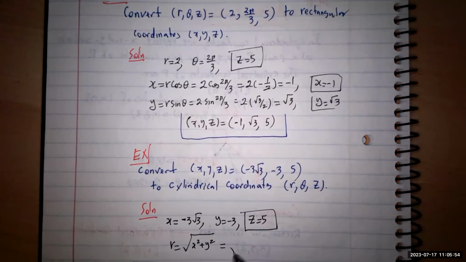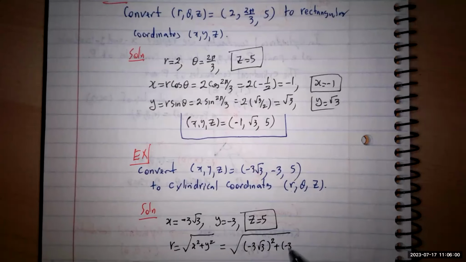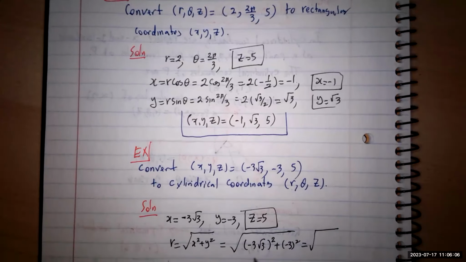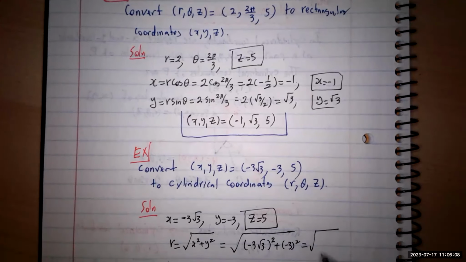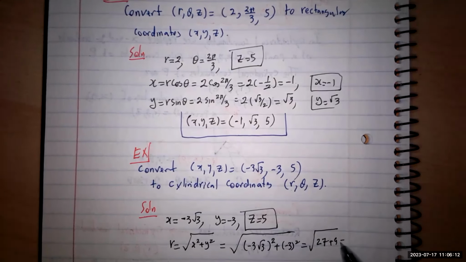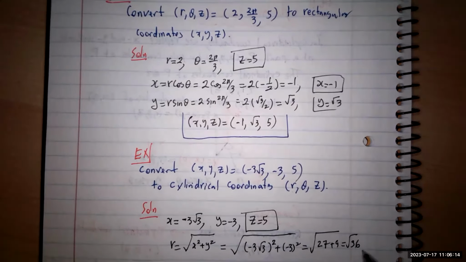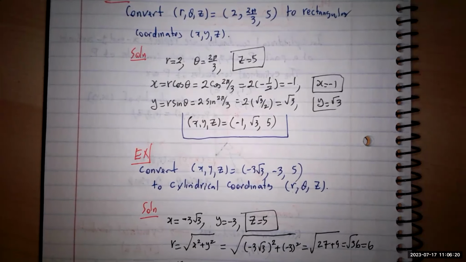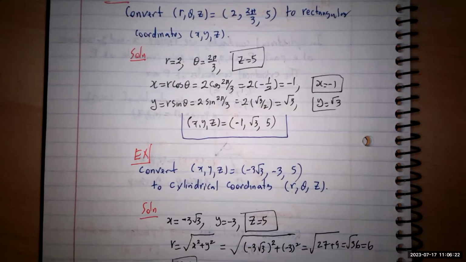You substitute, which gives you negative radical 3 squared plus -3 squared. Radical 3 squared is 3, and 9, so 12. Okay, 3 and 9 is 12, which is radical 12. Wait, so r is the square root of 12.